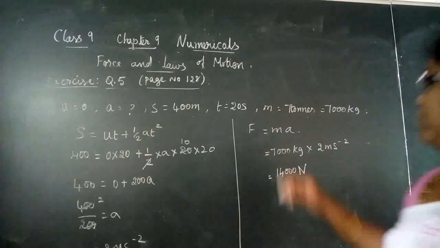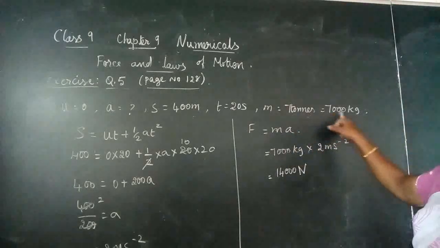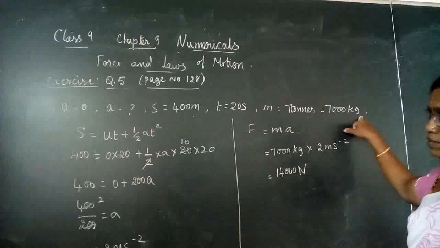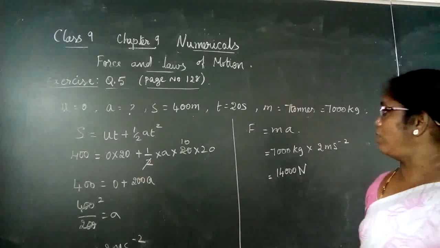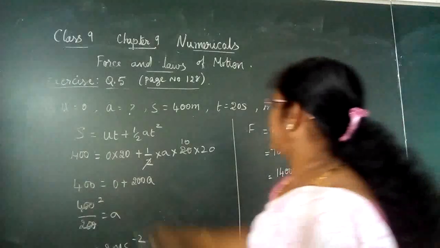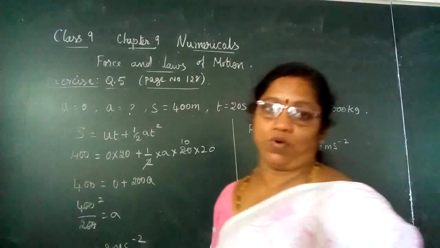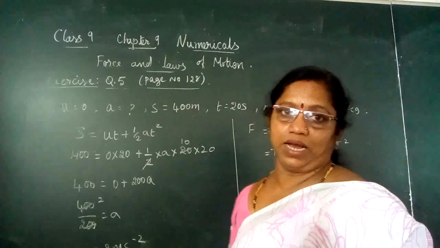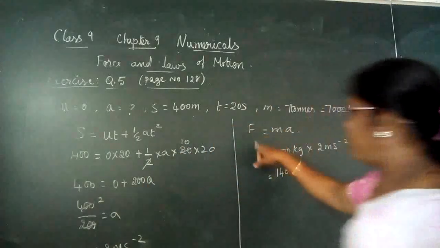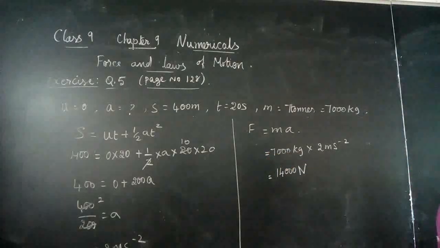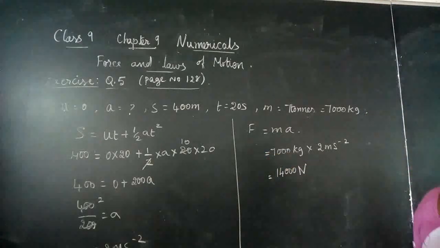So 7 tons is equal to 7,000 kg. You have to find the acceleration with which the truck is moving, and also the force acting on the truck.